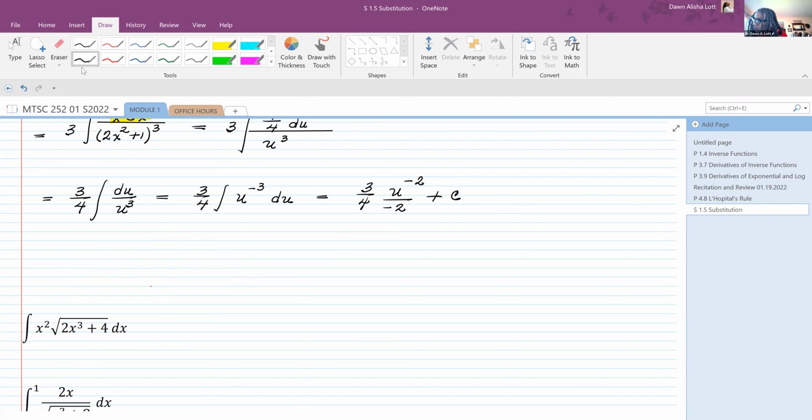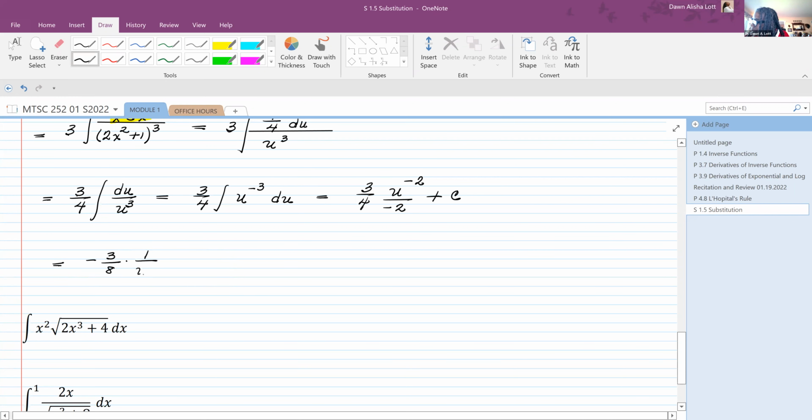So this is the -3 over 8. And then u to the -2 is 1 over u squared. So u to the -2 puts u squared in the denominator. And then 3 is in the numerator, and -2 and 4 are in the denominator. So that gives me 8.